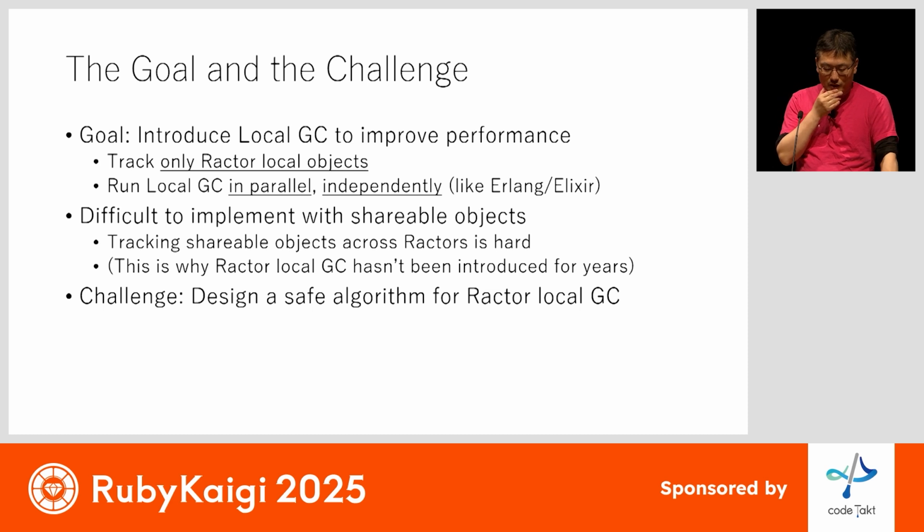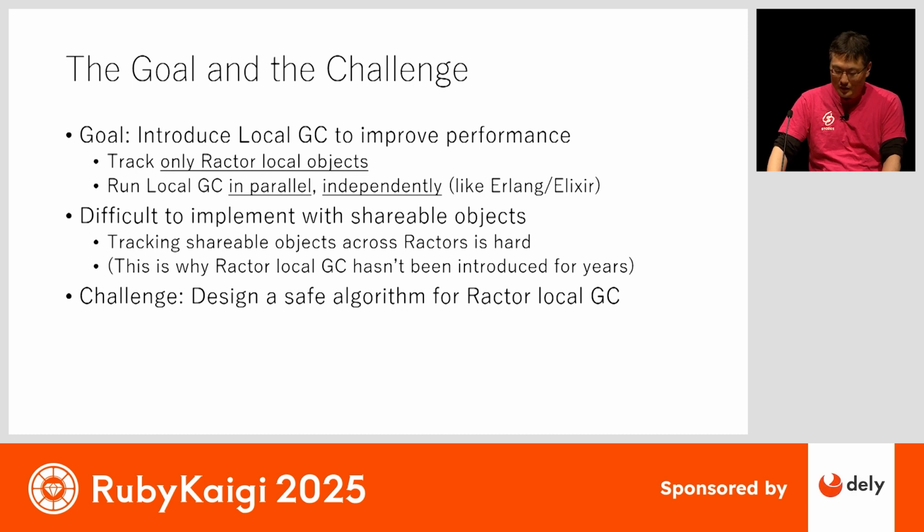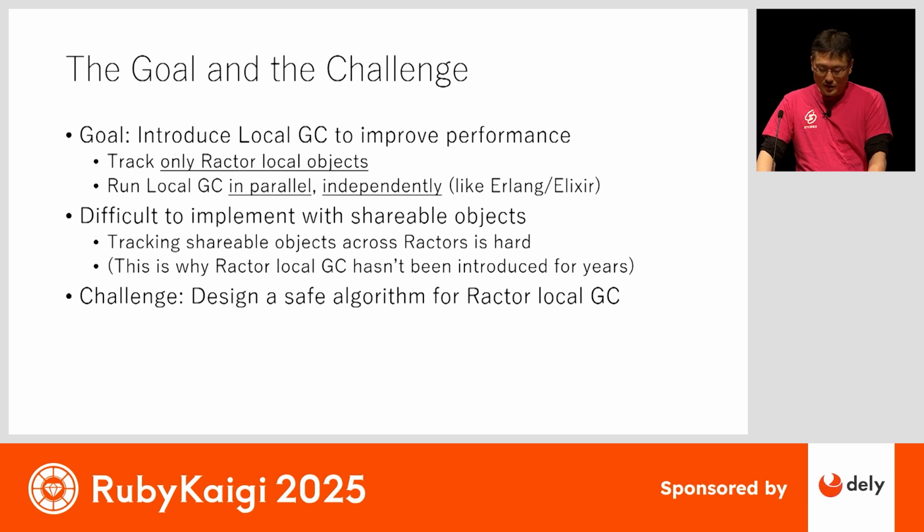So our goal is to introduce the local GC to improve the performance and run garbage collection in parallel and independently for each Ractor, like how it's done in Erlang or Elixir. But the big challenge is shared objects, and it's difficult to track references that go across Ractors.